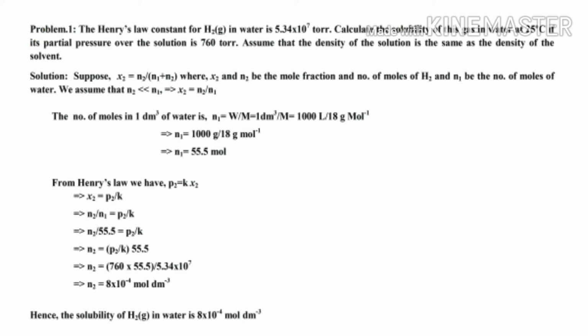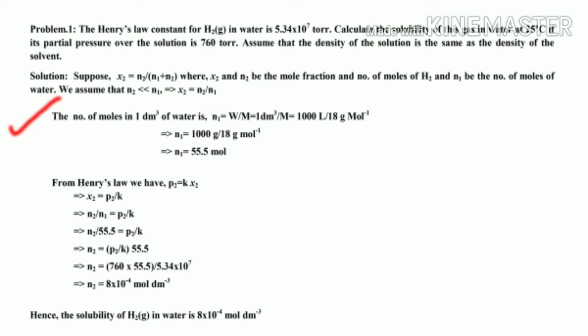To solve this problem, suppose x2 is equal to n2 divided by n1 plus n2, where x2 and n2 are the mole fraction and the number of moles of H2, and n1 is the number of moles of water. We assume that the number of moles of hydrogen n2 is very small compared to that of water. Therefore we can write x2 is approximately equal to n2 by n1.